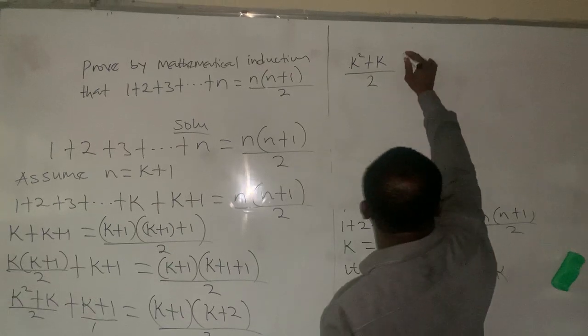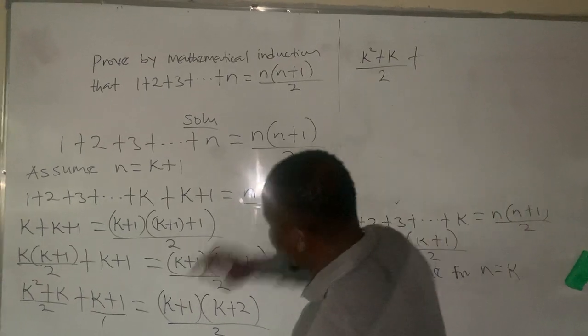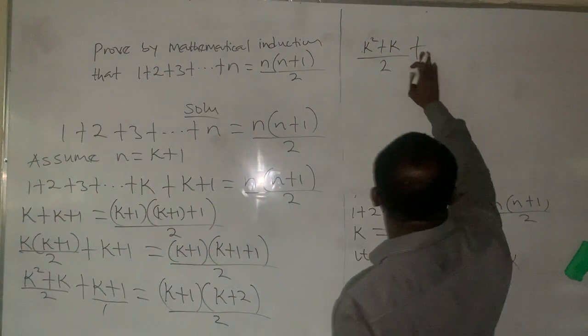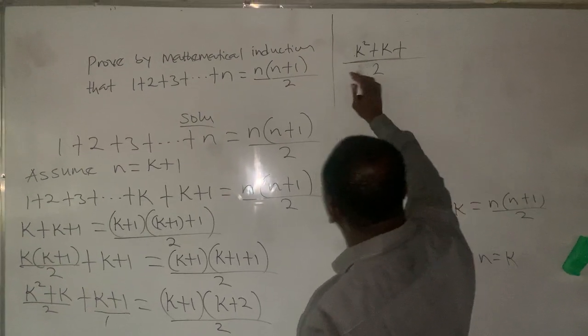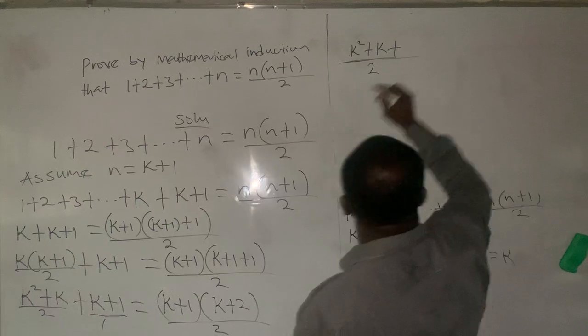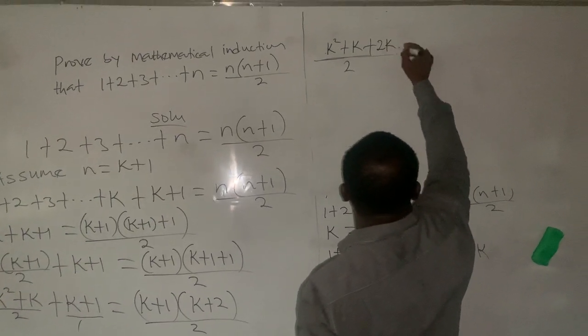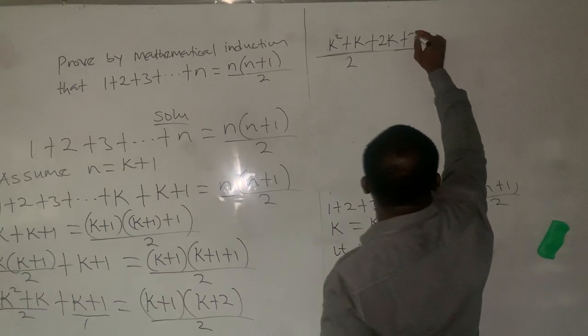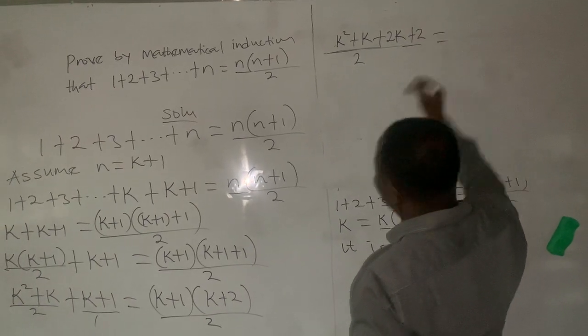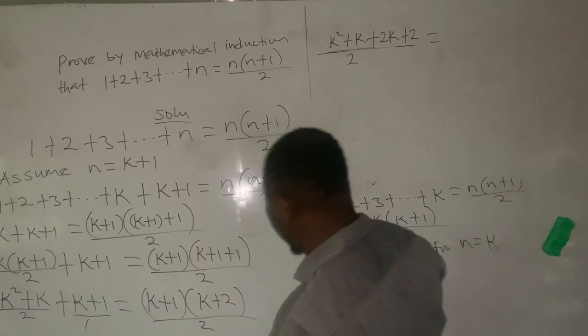Then plus 2 into 1, 2 times k will give you 2k, plus 2 times 1 will give you plus 2, equals, let's multiply out this bracket.